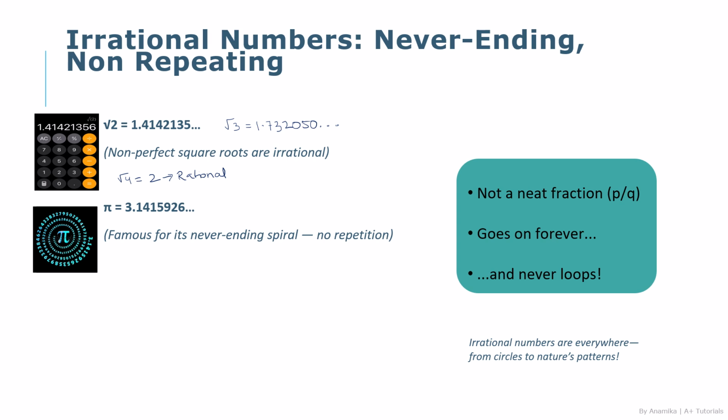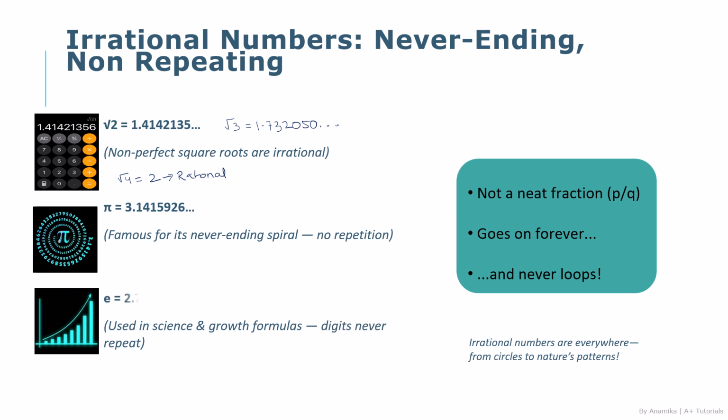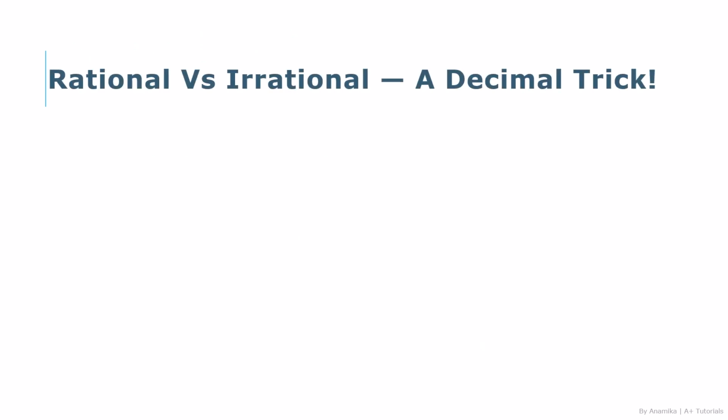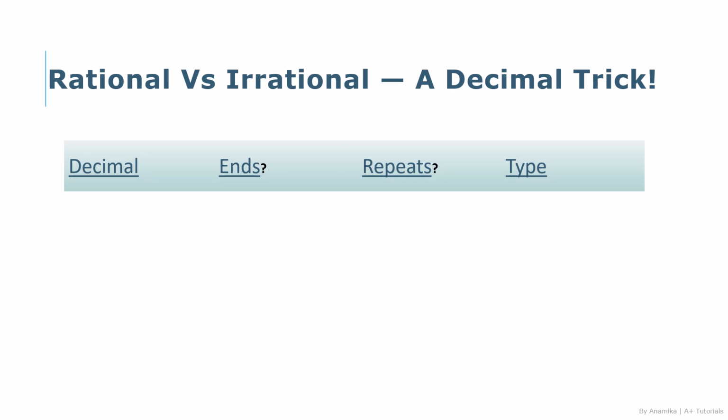It still never repeats. There's another one, e. It starts with 2.7182, and it's just like pi, never ending, no pattern. Alright, here's a super quick trick to help you figure it out just by looking at the decimal. If the decimal stops like 0.5 or 2.75, that's a rational number.